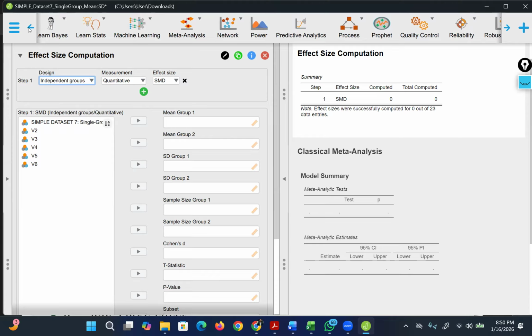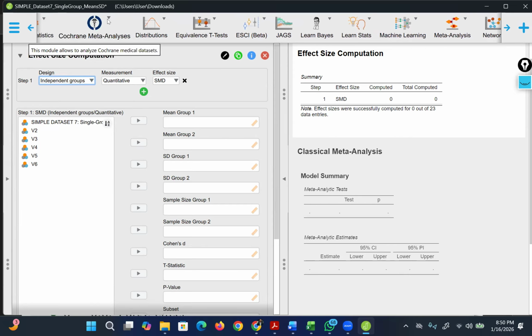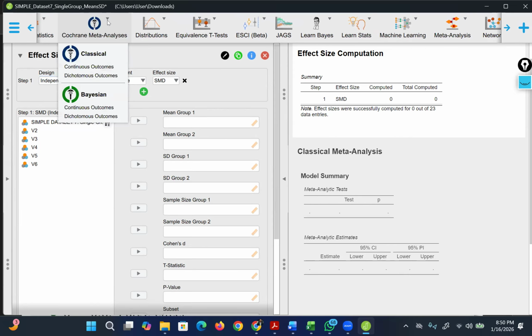And you can see in this case, if you look at the meta-analysis in JASP, JASP has a database of previous meta-analyses. This is called the Cochrane meta-analysis database. And you can see that there are continuous outcome and dichotomous outcome, meaning binary outcome studies.